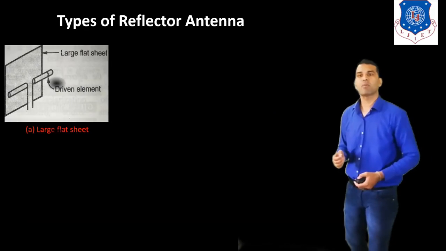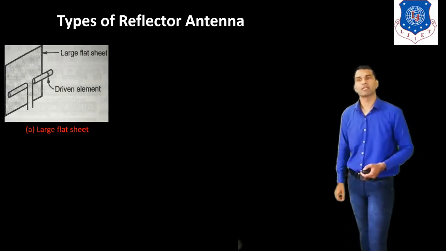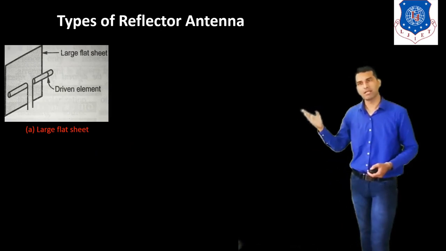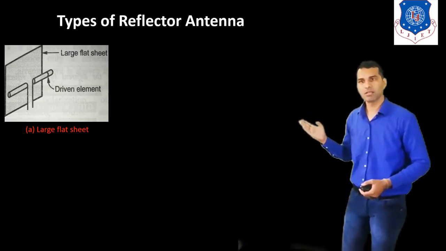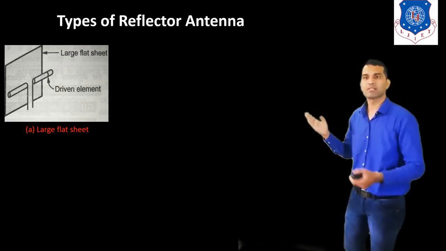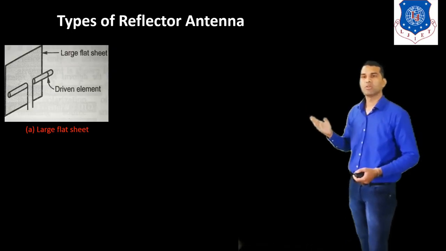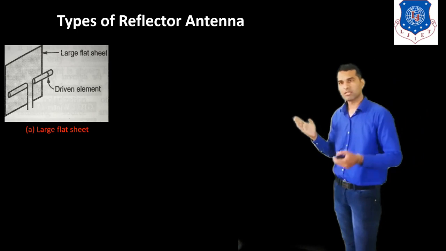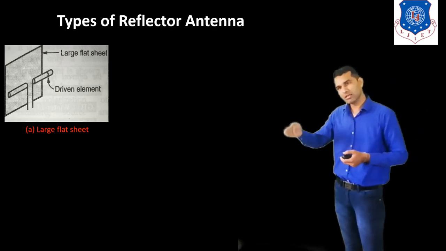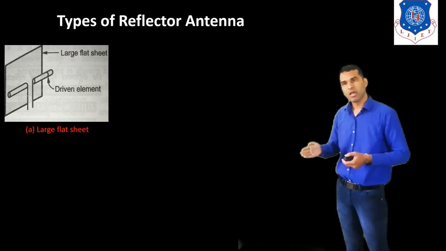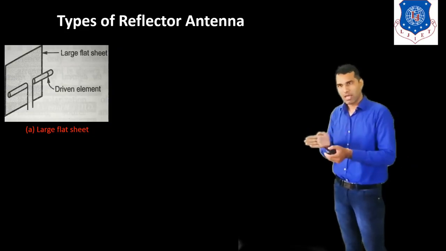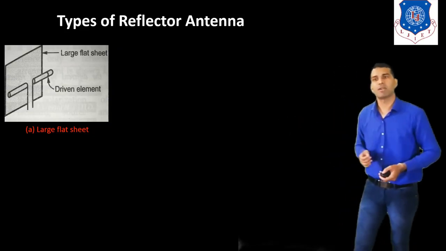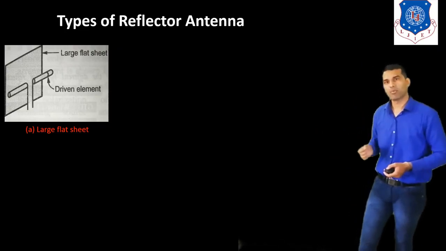Now we discuss the types of reflector antenna. The first one is the flat sheet reflector antenna. This is a large flat sheet reflector. Here in this figure, at the back we can see a large sheet, and in front of that we see the driven element, which is nothing but the dipole antenna.